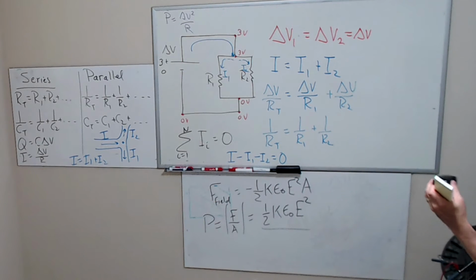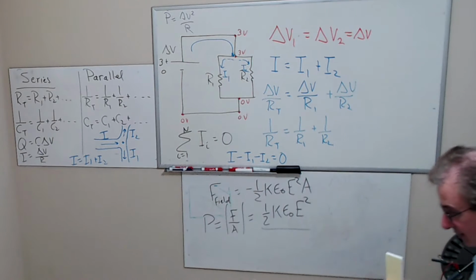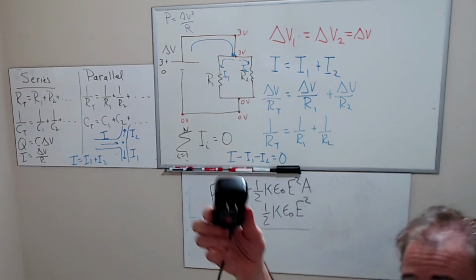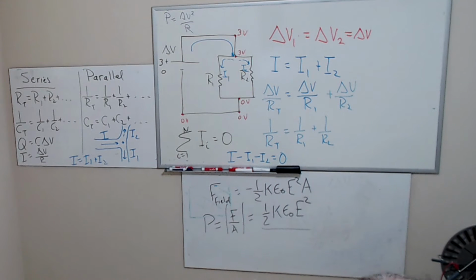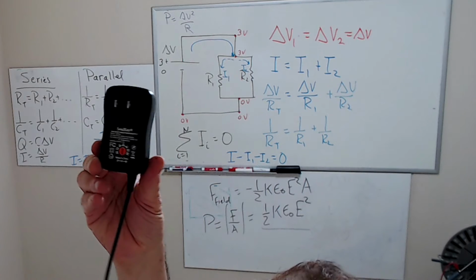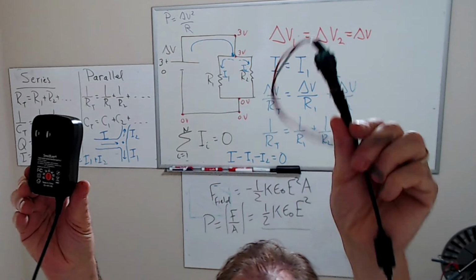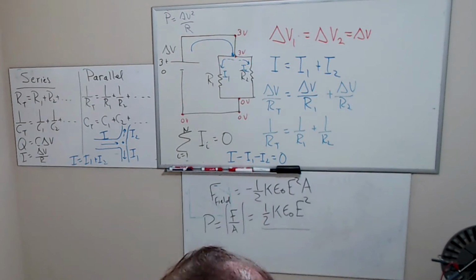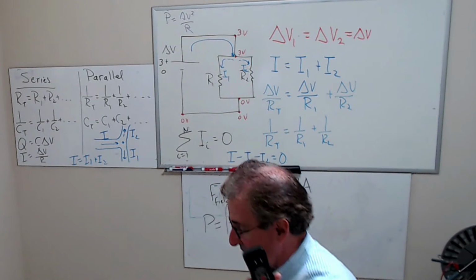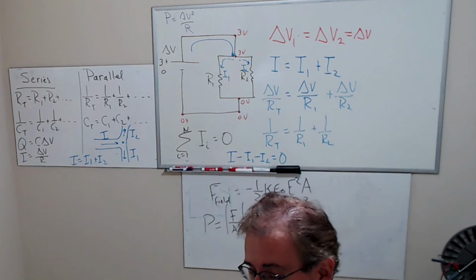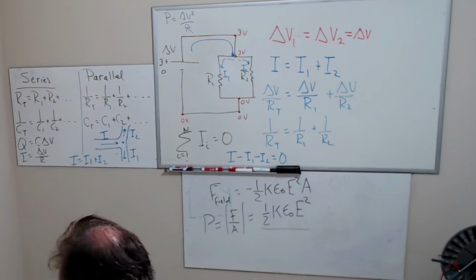Let me grab it. The power supply looks just like a power adapter. This is your power supply. Notice the red switch on it. This is your actual power supply for the lab. The red switch has 6 settings that go from 3 to 12 volts.